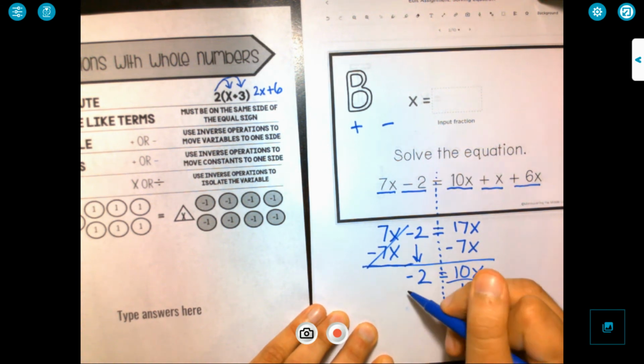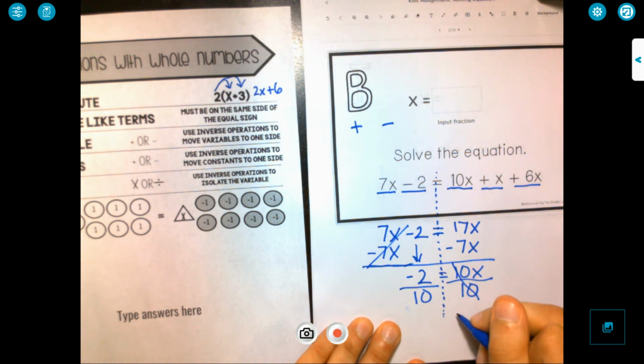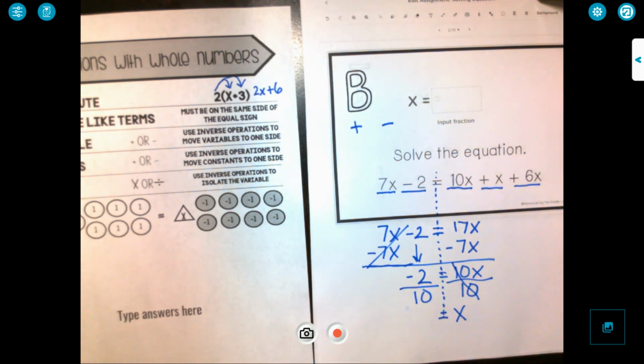So if I divide by 10 on this side, I have to divide by 10 on this side. So that'll cancel out, and then we get x is equal to negative 2 divided by 10. So don't forget to reduce, and it's okay if you have to type it in on the calculator. Negative 2 divided by 10 will get us negative 0.2, but if we want that as a fraction, it'd be negative 1/5.